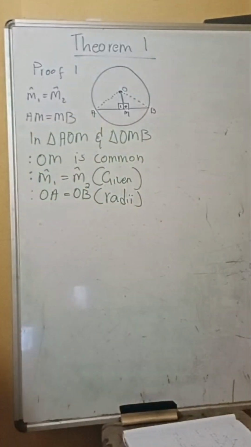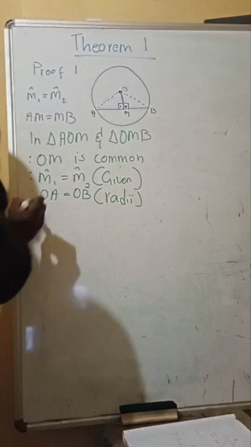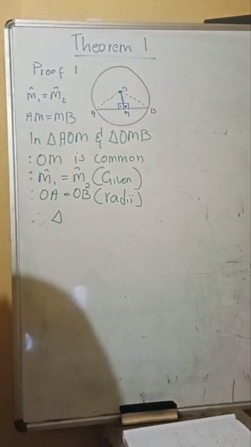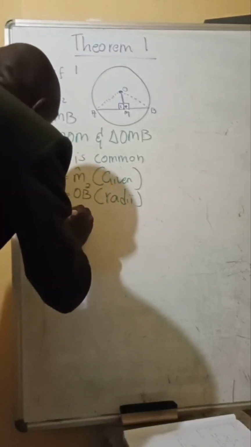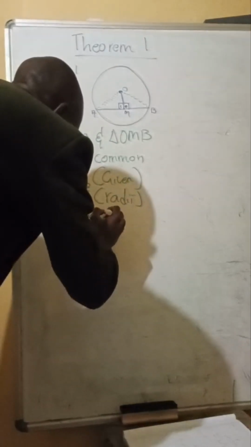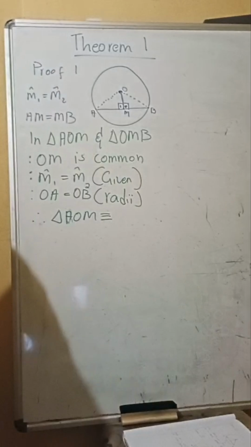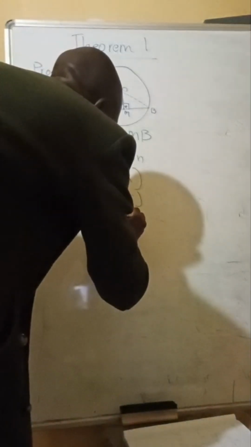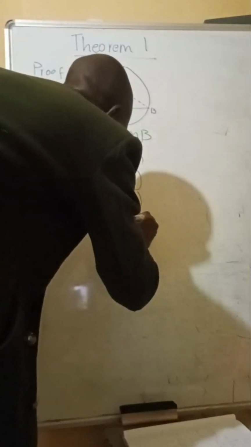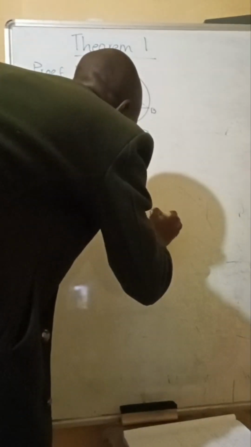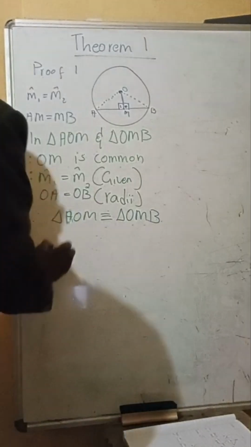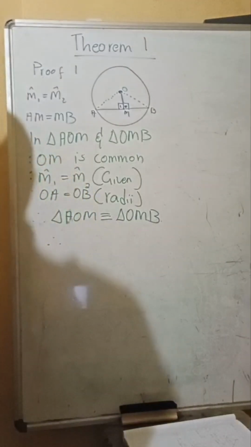They are equal. Therefore, this proves that triangle AOM is congruent to triangle OMB, which simply tells us that AM is equal to MB.